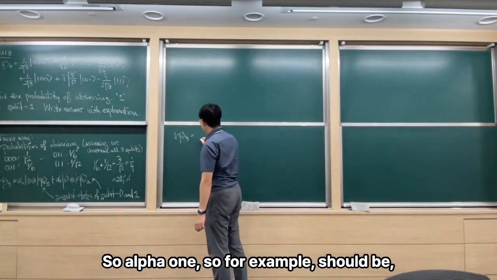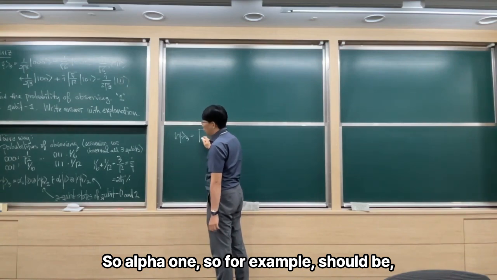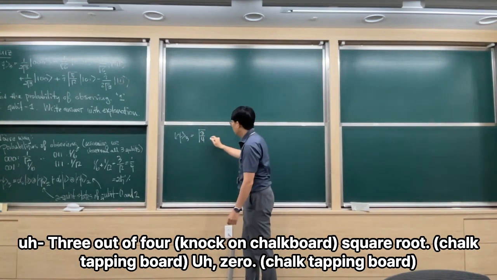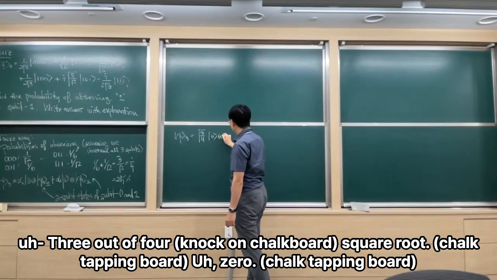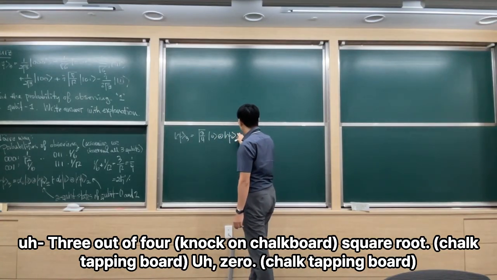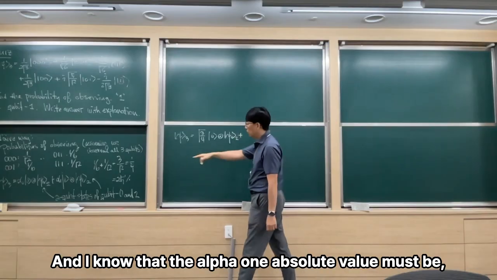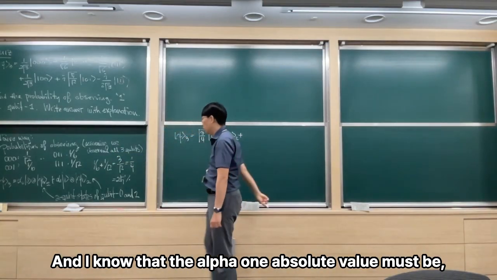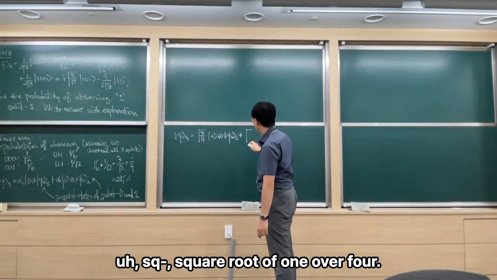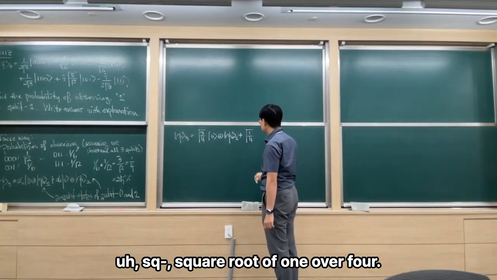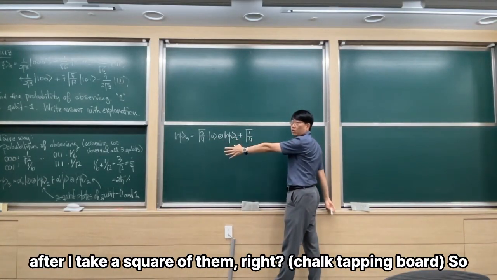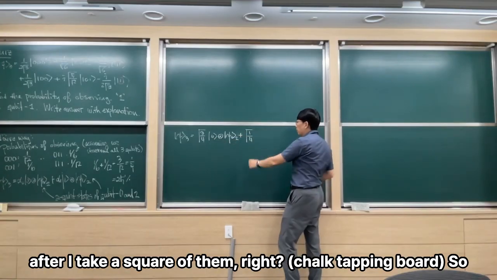So alpha 0, for example, should be the square root of 3 out of 4. And I know that the absolute value of alpha 1 must be the square root of 1 over 4. So that's why I get 3 over 4 and 1 over 4 after I take the square of them, right?